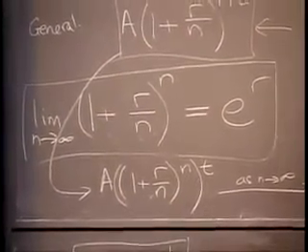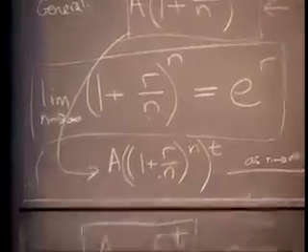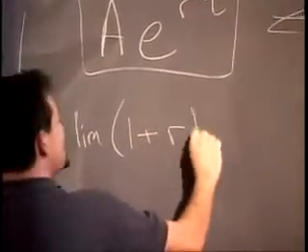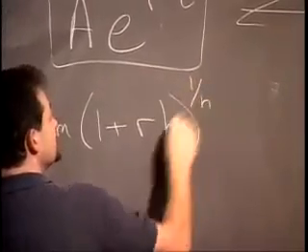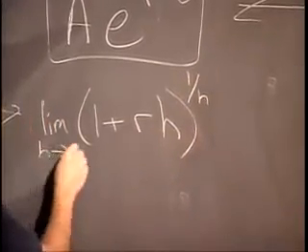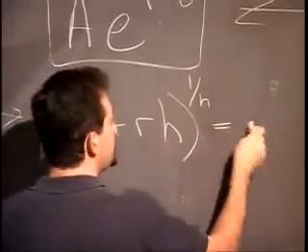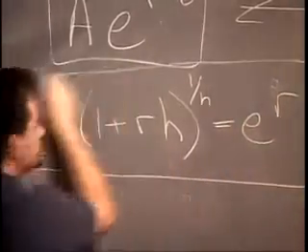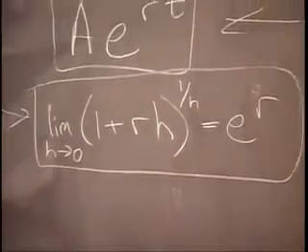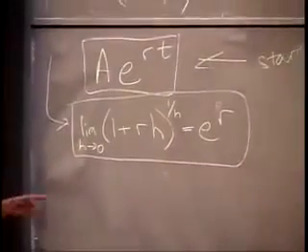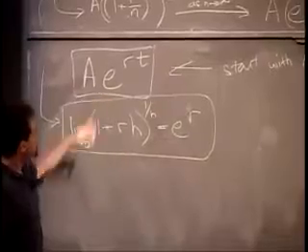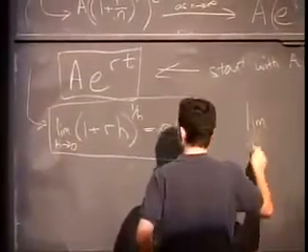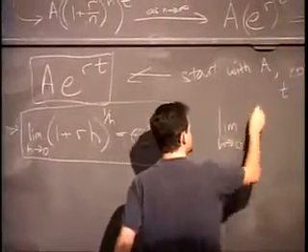So I can rewrite this limit in an alternate form, the limit of (1 + rh)^(1/h) as h goes to 0, that is also e to the r. And that's a useful limit to know. Right, all I did was I substituted h equals 1 over n in the previous formula. And of course, this specializes to this useful limit.